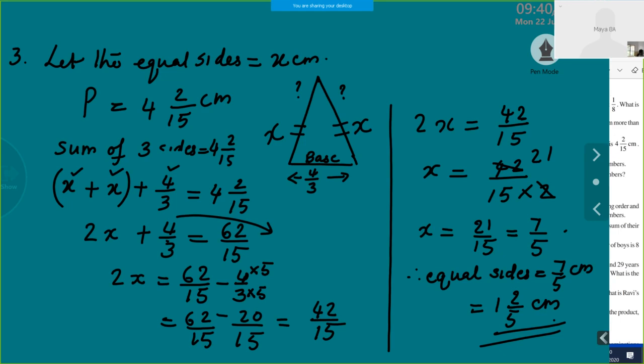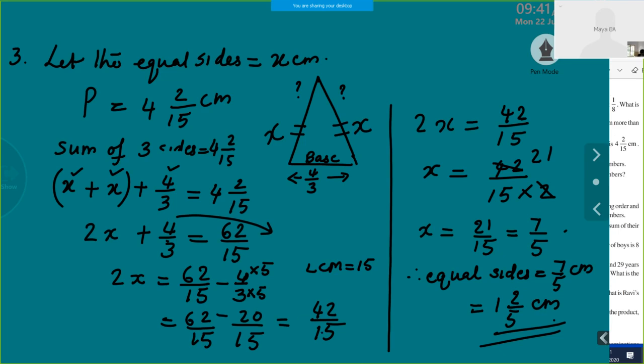To simplify these two numbers, you have to find out the LCM. 3 and 15, LCM is 15. So I multiplied the second fraction by 5. So we get 62 minus 20 over 15. Common denominator is 15.